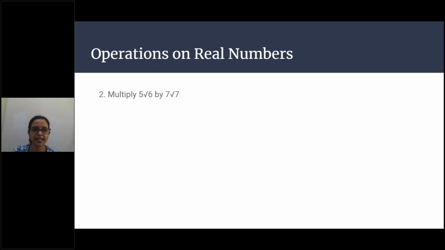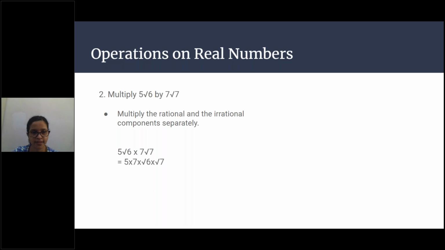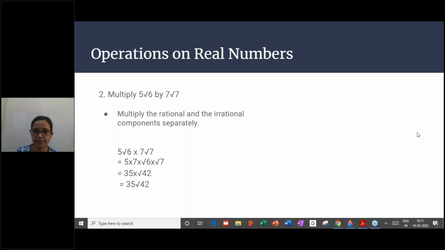Then next is multiply. Multiply them separately. So now 5 root 6 and 7 root 7. So multiply 5 and 7 and multiply root 6 and root 7 like this. Yes, you get the answer in terms of an irrational number.